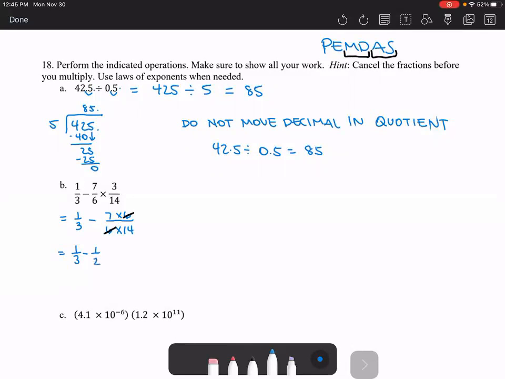I skipped a step here with 7 over 14, so I'll write it. We're left with 7 over 14. So this is 1/3 minus 1/2. And then we can rewrite that. The common denominator here is 6. So this is 2/6 minus 3/6, which is negative 1/6.